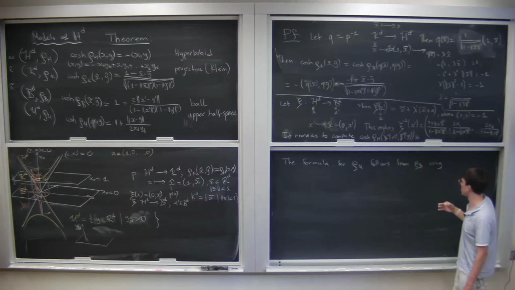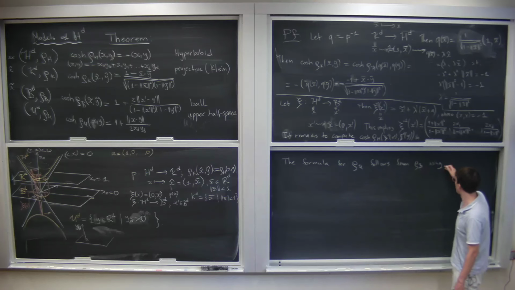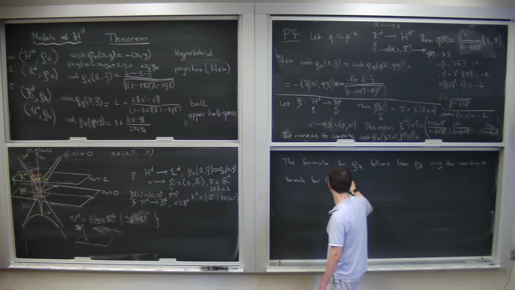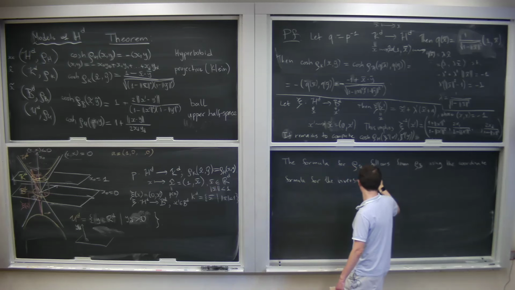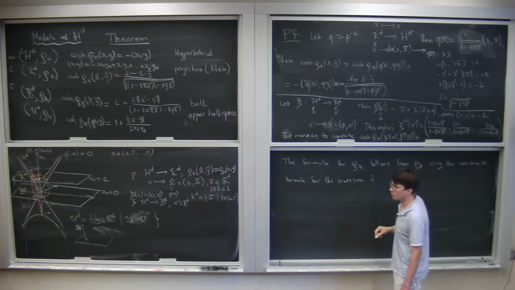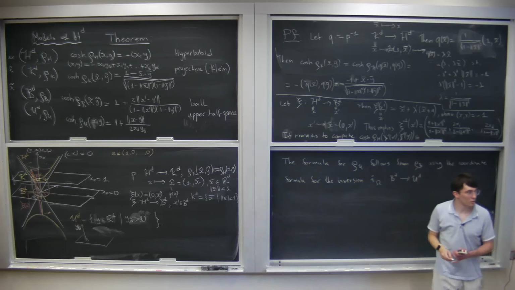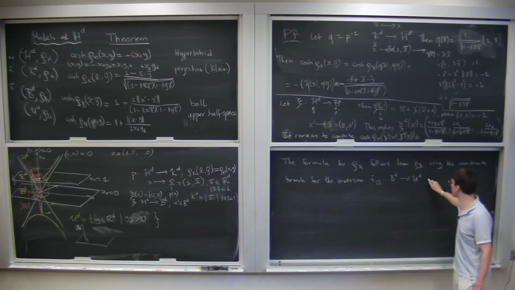So basically, it follows from rho B using the coordinate formula for the inversion, I forgot how I denoted the sphere, capital omega, right? For the inversion that sends BD to UD, right? That's the main tool for the proof.